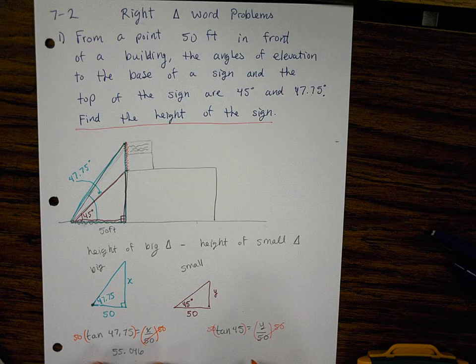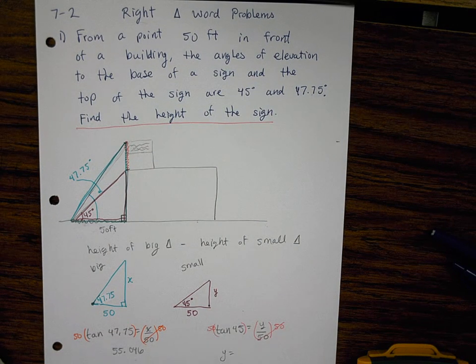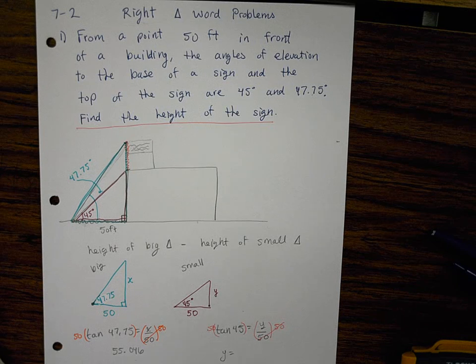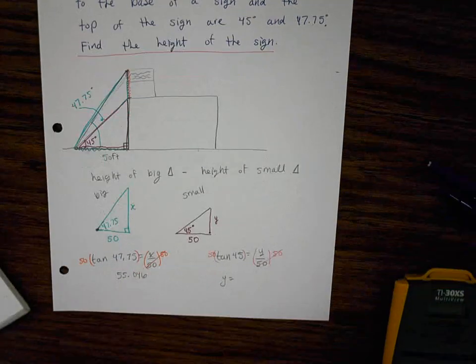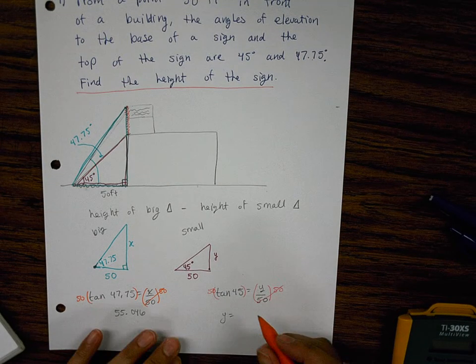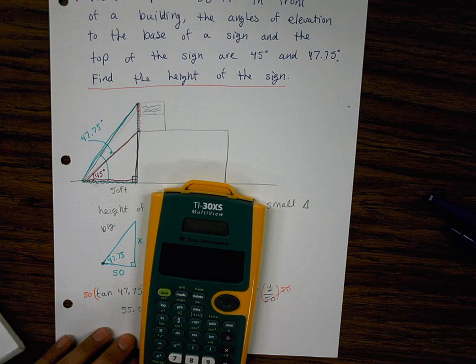Multiply both sides by the 50. Y equals, plug it in your calculator, 50 times tangent of 45.